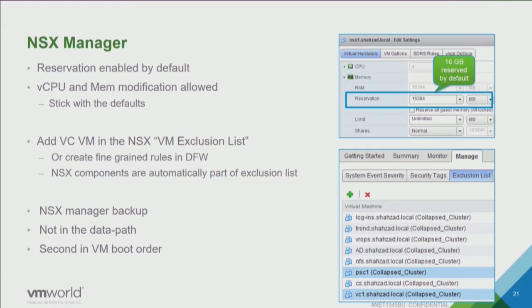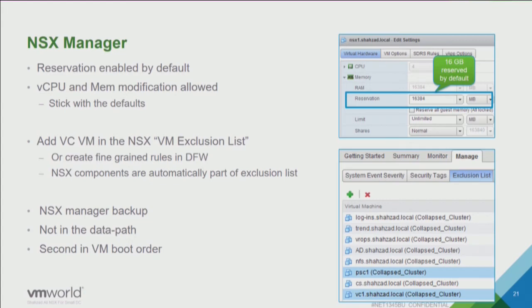And it's important to understand what reservations are at a vSphere level. So reservations are memory or CPU that is specifically set aside for particular virtual machines. And it actually removes those resources from the aggregate pool that your other virtual machines can draw from.